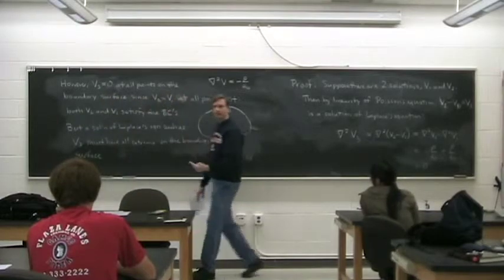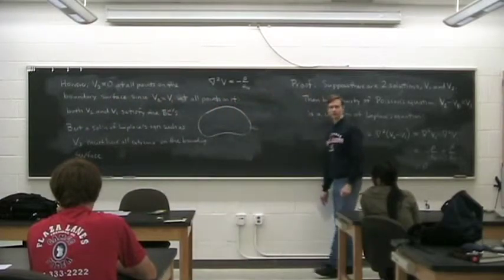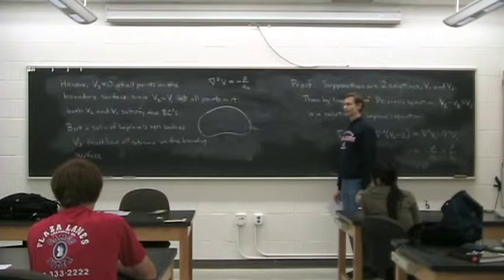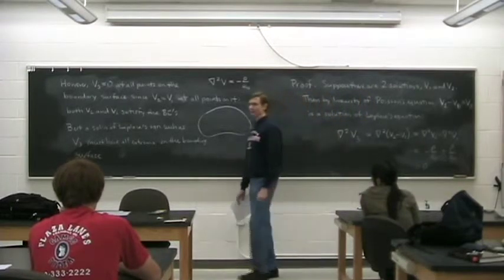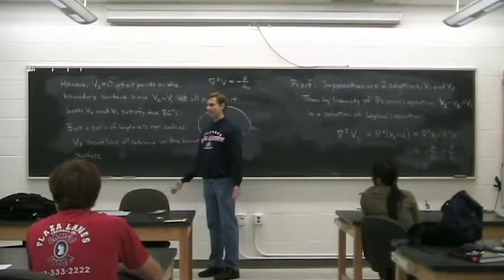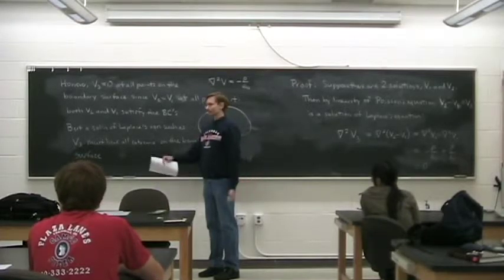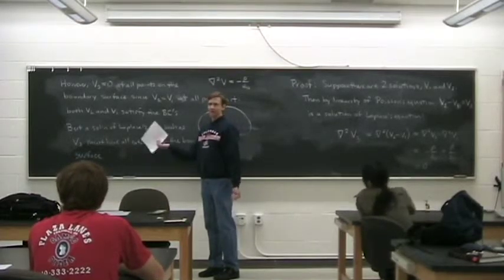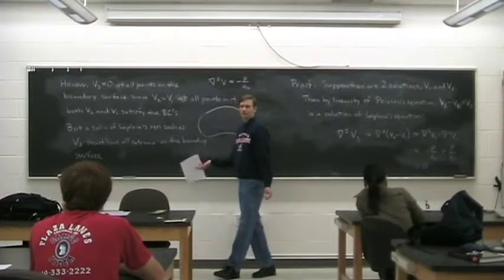But if the function is 0 everywhere on the bounding surface, and any maximum or minima have to be on the boundary surface, then what does that imply? It's got to be 0 everywhere, right? Because otherwise, you would violate that condition that any maximum or minimum have to be on the bounding surface.